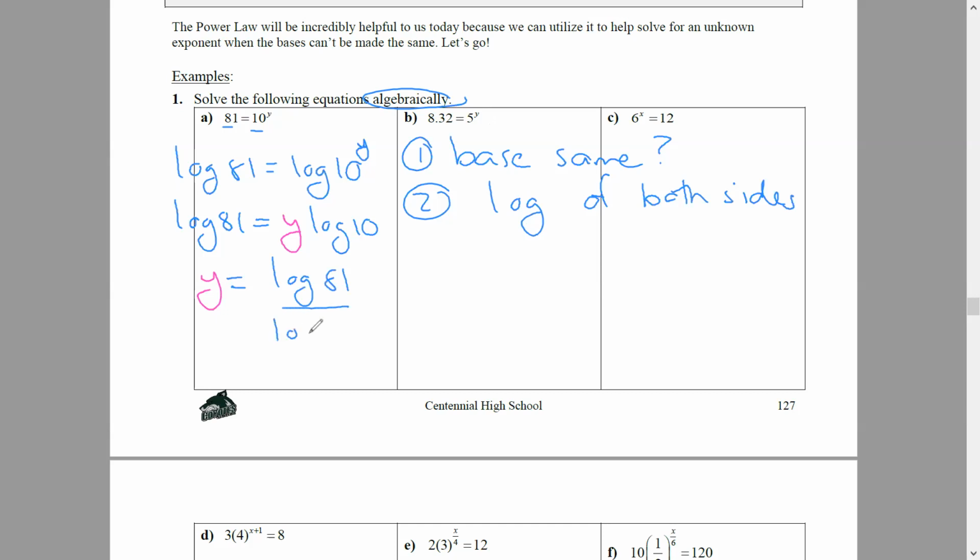I don't know what it is, but I know it's a number. Okay, I can put that in my calculator. Log 81 divided by log 10, and you're going to get a value of approximately 1.91. That's it. Let's try this again.